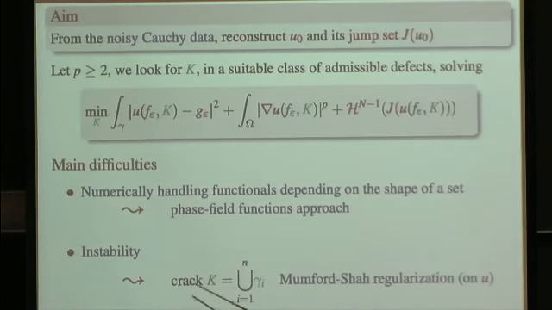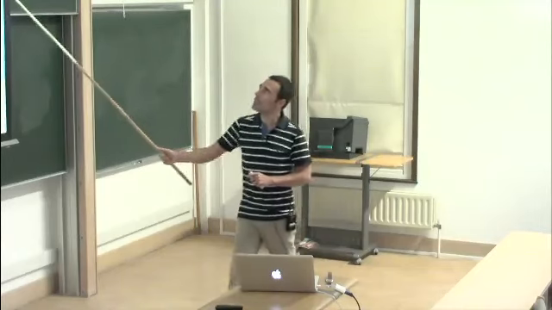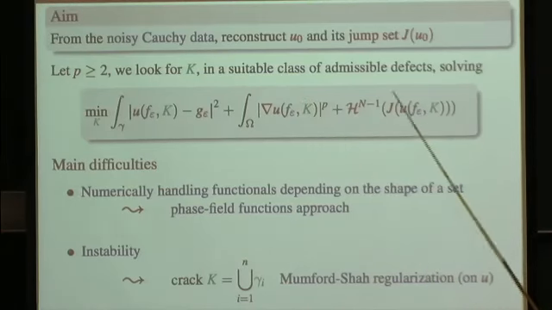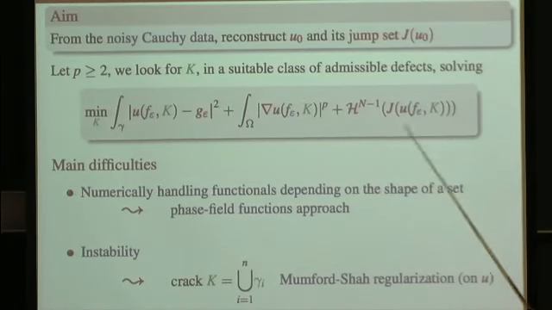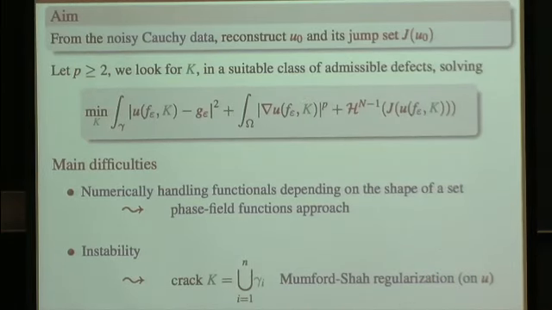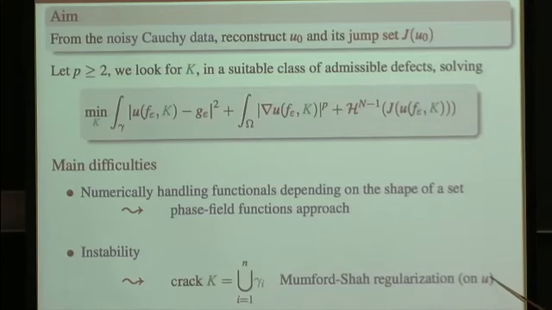So what is the idea? Let's look at what this means in the case of a crack. So in the crack case, actually, instead of having here the measure of K, you have the measure of the jump set of a solution. And what is this here? Well, this is actually a kind of Mumford-Shah regularization on the solution of the forward problem, on the potential.